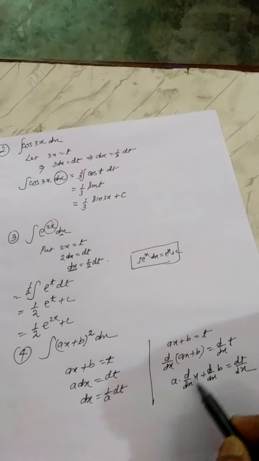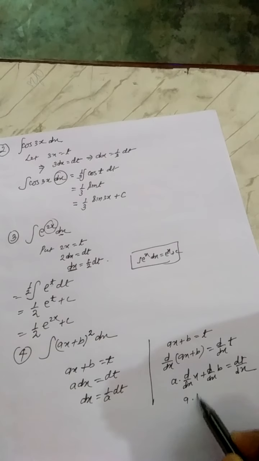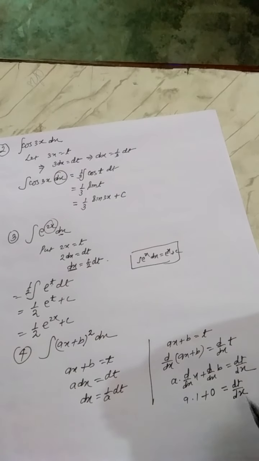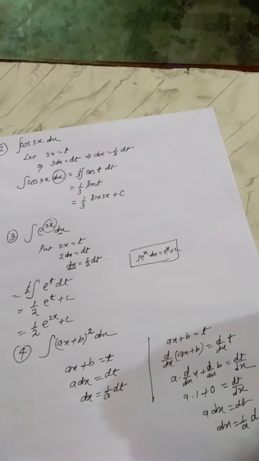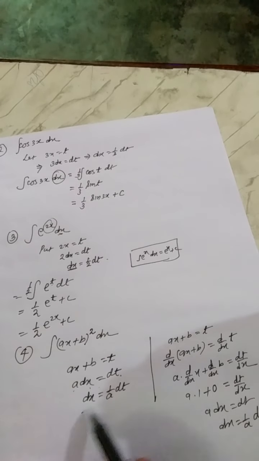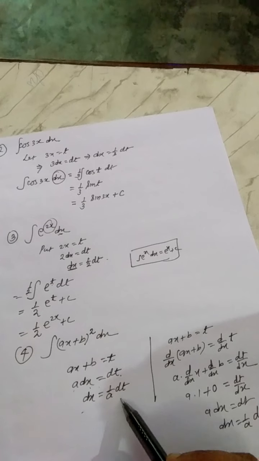Now we know that d by dx of x is equal to 1, therefore a into 1 plus differentiation of constant, which is 0, will be dt by dx. Now therefore a dx is equal to dt and dx is equal to 1 by a dt.